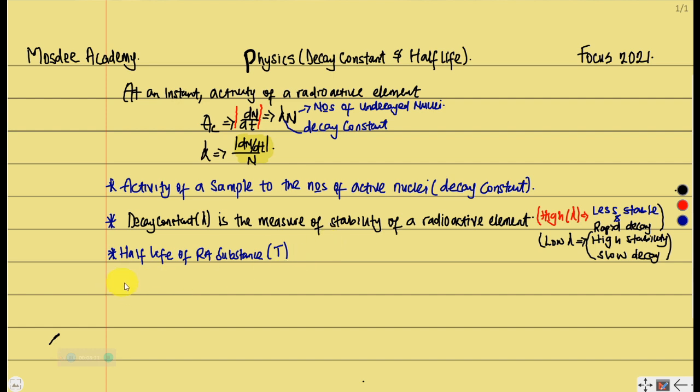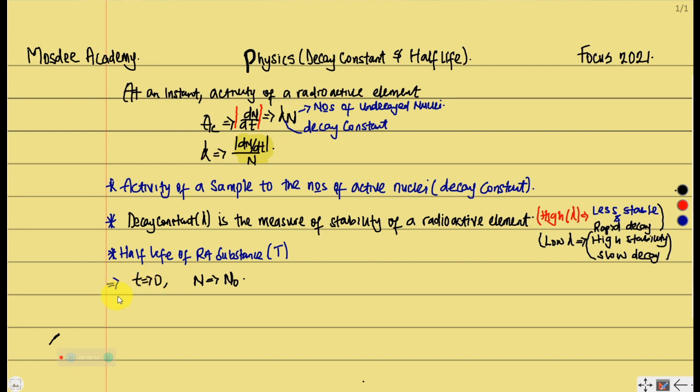If we consider a radioactive element, at an initial time, that is when t is equal to 0, we consider the number of nuclei at that point in time to be equal to N naught. That is, initially before it starts to disintegrate, the initial time was 0, and the number of nuclei we take as N naught.